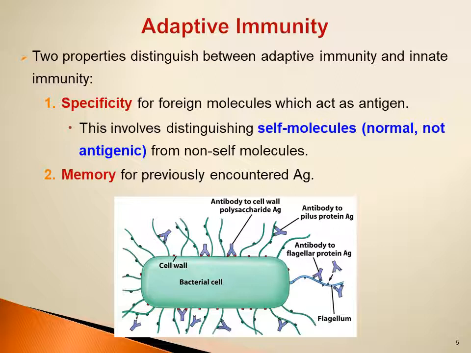The antibodies of the adaptive immune response, as you can see here, can develop to the cell wall polysaccharides, to the pilus proteins, to the cell wall, to the flagellum, and so on.